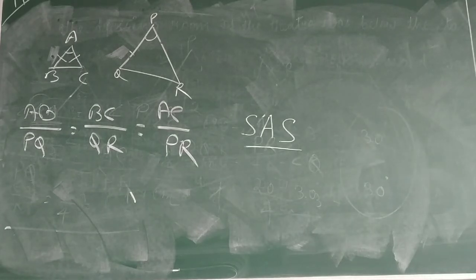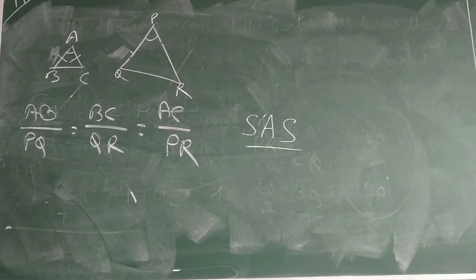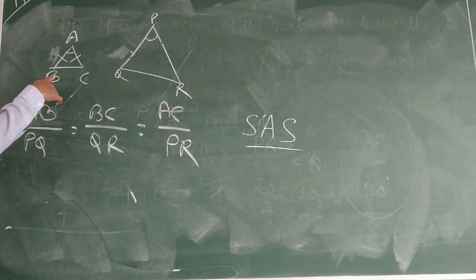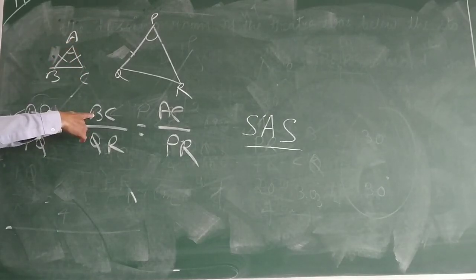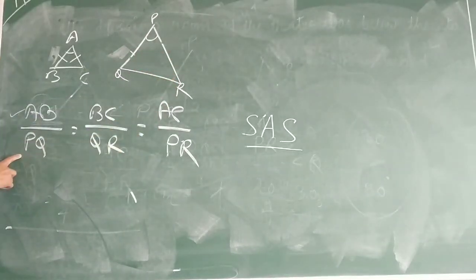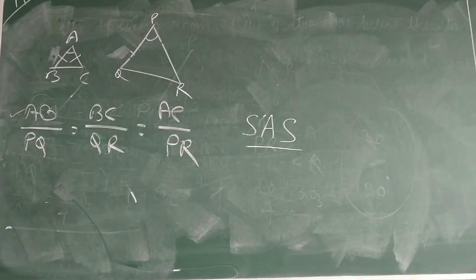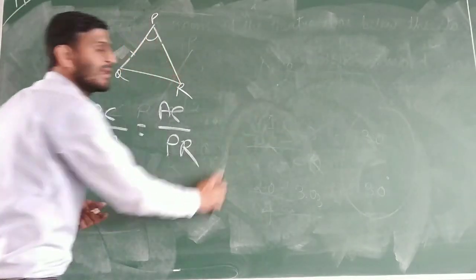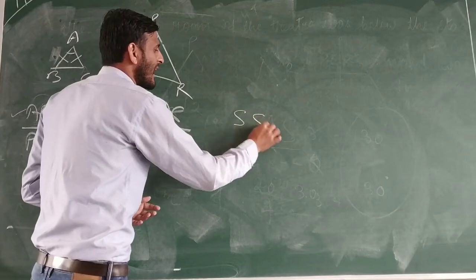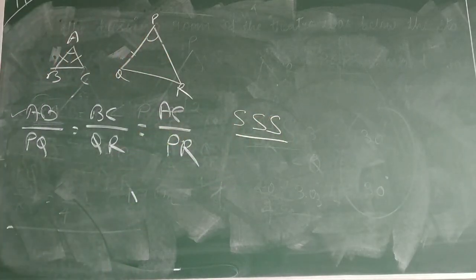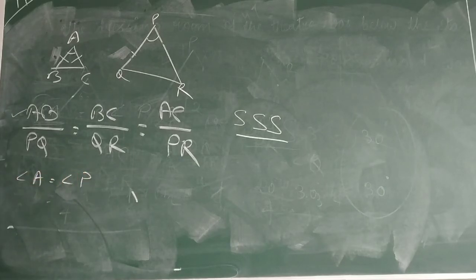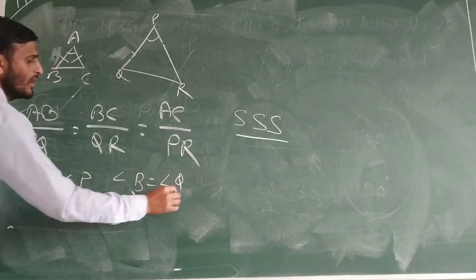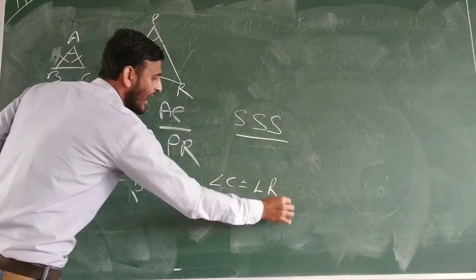That means if the three sides of a triangle AB, BC, AC are proportional to the three sides of another triangle PQ, QR and PR, then these triangles are said to be similar, and we can say that angle A is equal to angle P, angle B is equal to angle Q, angle C is equal to angle R.